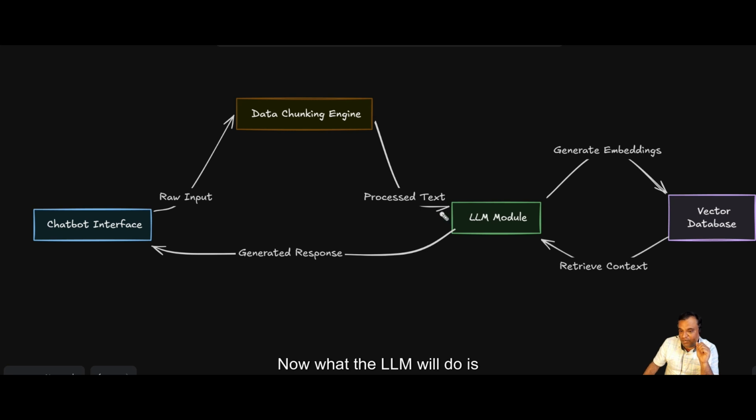Now what the LLM will do is convert your chunk, like suppose a single line you cut into 5 pieces, you give the text to the LLM. The LLM will give you the encoding, and that encoding is called embedding.